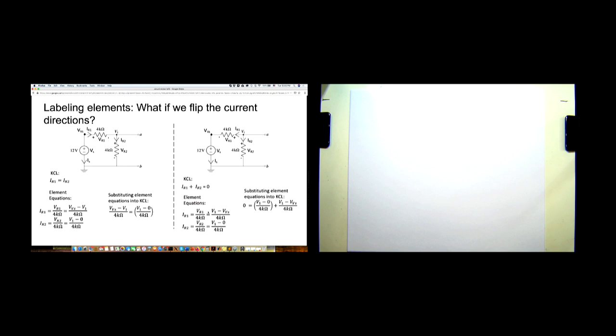So when we back substitute into the KCL, you'll see that by some rearrangement, you can get exactly the same equation. So you'll find exactly the same voltage. What will be different is the sign of IR1, right? IR1 is going to have the same magnitude in both cases, but opposite signs. That's okay because it indicates that the real direction of the current is opposite to what you have picked, right?